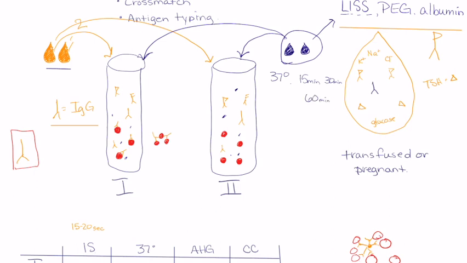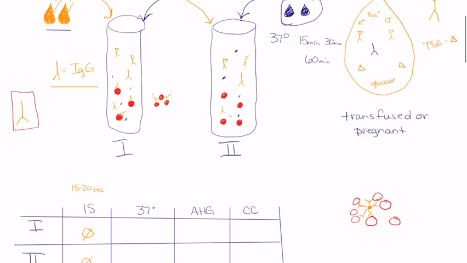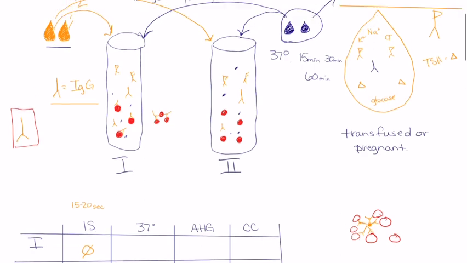And if you're sitting in the emergency room, that's too long. So now we're going to incubate it. And after incubation, we're going to centrifuge it again, 15 to 20 seconds, and read it.